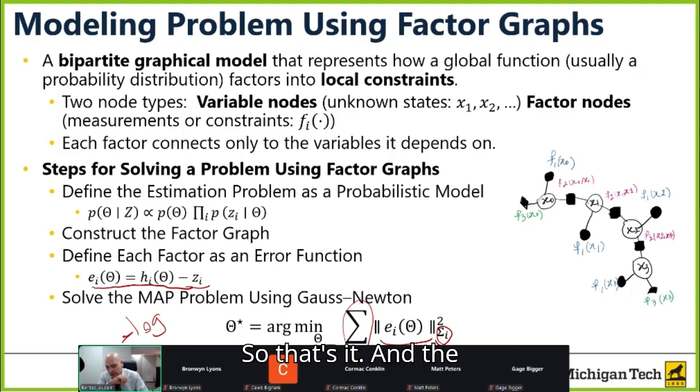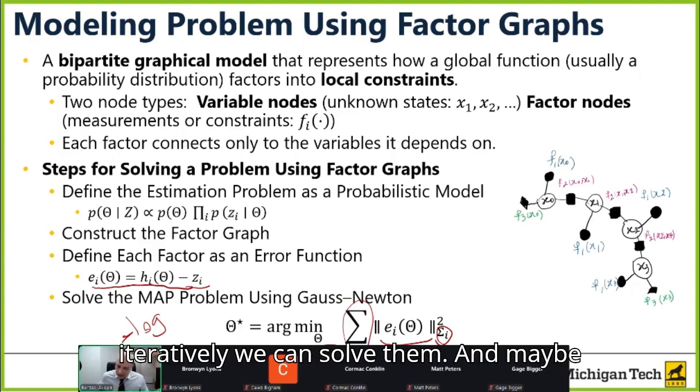So that's it, and the rest is just well-known algorithms like Levenberg-Marquardt or Gauss-Newton. Gauss-Newton and Levenberg-Marquardt are very similar to the method that we had before, and iteratively we can solve them.